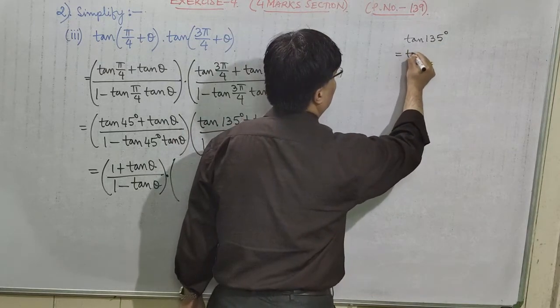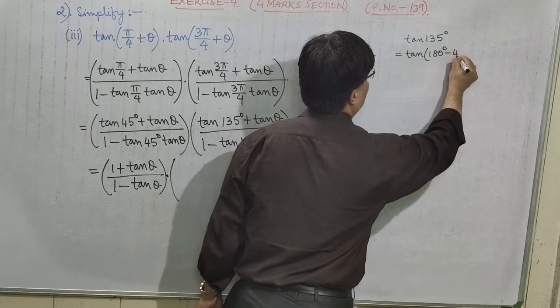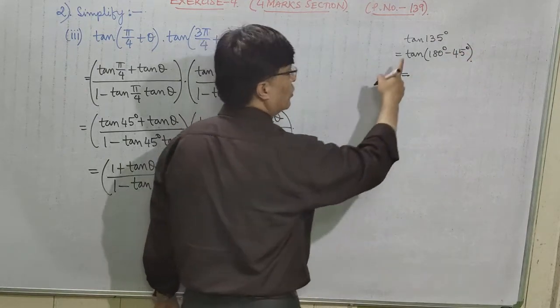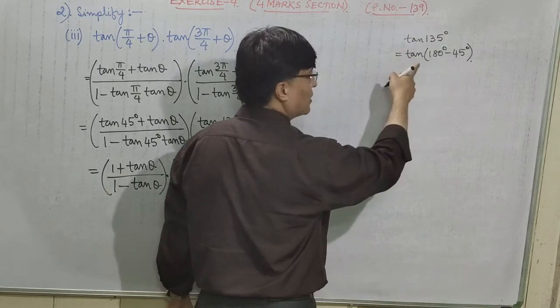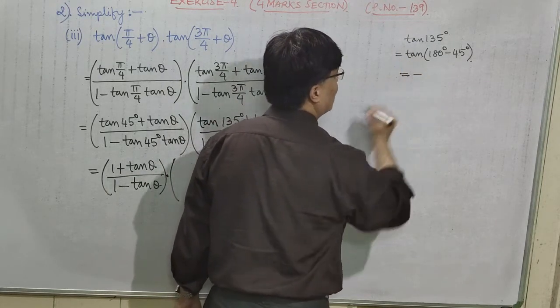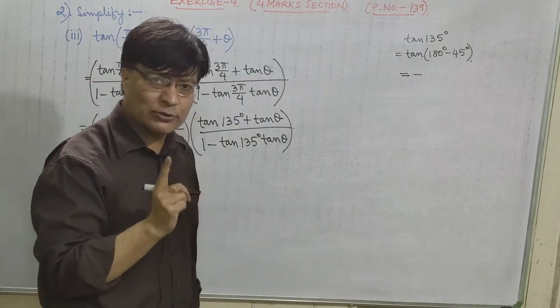Okay, so it is equal to tan of, what is 135? It is 180 degree minus 45 degree. What is tan of 180 minus theta? This lies in the second quadrant. In the second quadrant, tan is always negative. And 180 is an even multiple of 90, 90 into 2.